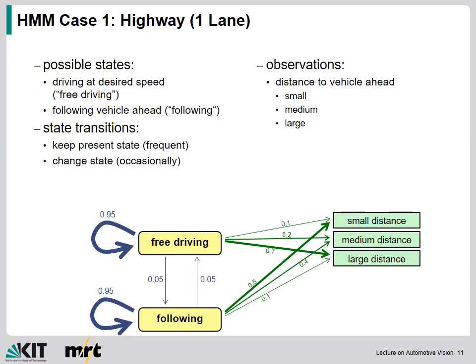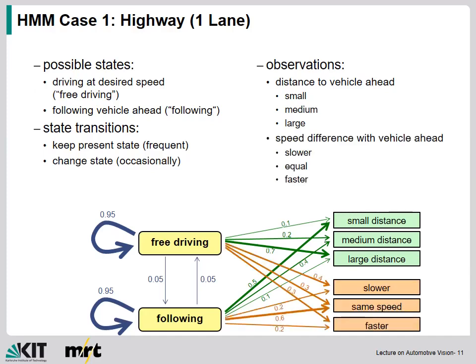Not vice versa. The other direction is something that we come to next and discuss how we can solve it. But to model the behavior, we always provide the probabilities, how likely is it to make a certain measurement or observation, if we know that we are in a certain state.